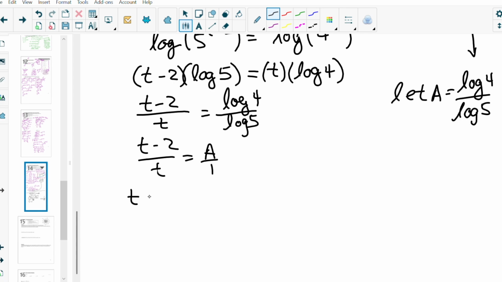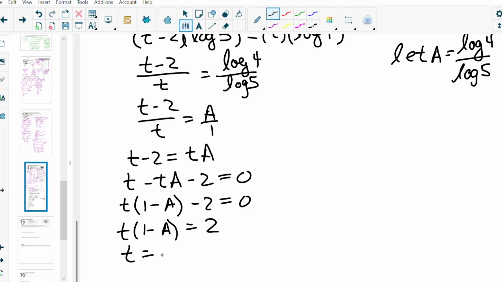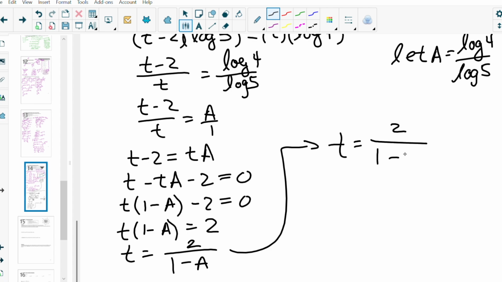So I'm going to cross multiply, and then let's rearrange our equation like this. t times (1 minus a) minus 2 equals 0. Let's solve for t. And then let's plug in back for a.